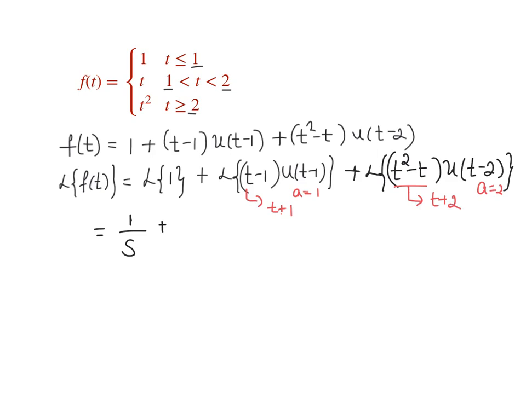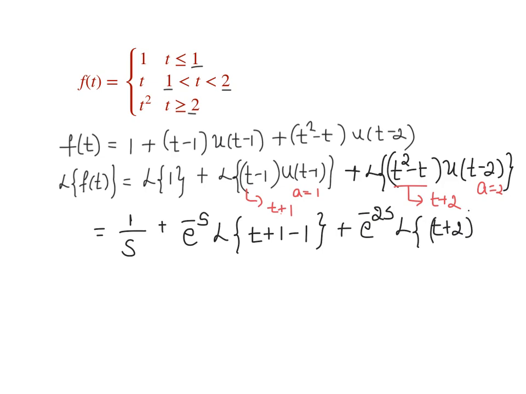So according to the Heaviside shifting property, where a is 1, e power minus as becomes e power minus s. Laplace transform of shifting t to t plus 1: t plus 1 minus 1. So we are just replacing t with t plus 1 and the minus 1 is written as it is. Next, e power minus as, here a is 2, e power minus 2s. Laplace transform of shifting t to t plus 2: t plus 2 whole square minus of t plus 2.